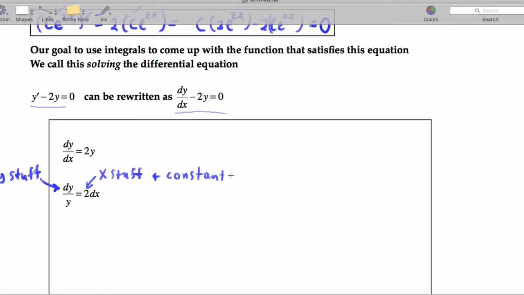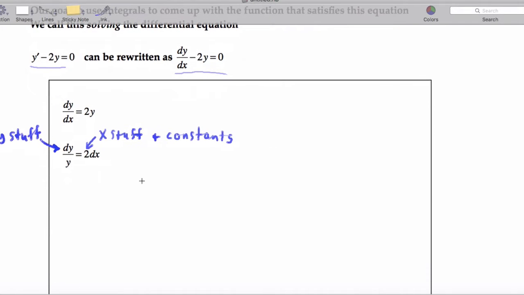Okay. So here's what I'm going to do next. I am now going to integrate both sides. That is the next step in the process of solving these equations. So step 1, take your equation, write it in derivative form like this. Next, separate your variables.